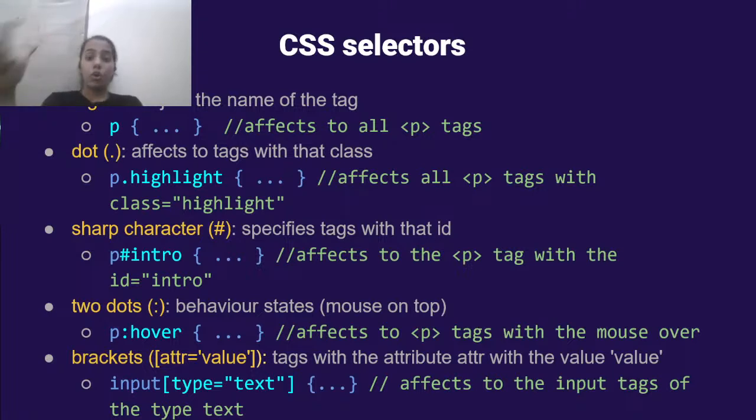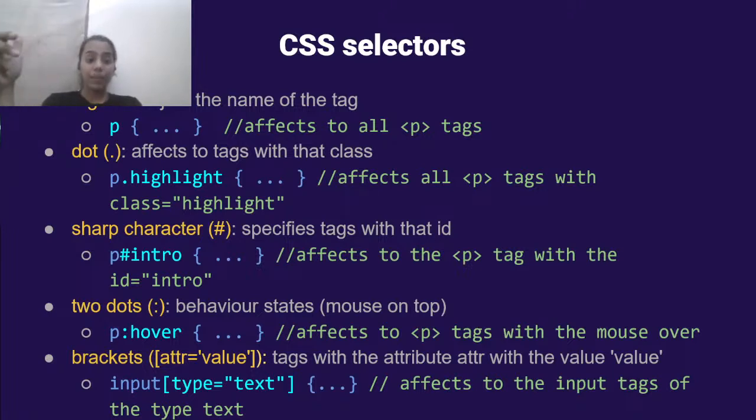It will affect all the P tags with that specific class name. Then the pound character or the sharp character specifies the tags with ID. So we talked about classes and now we are talking about ID. So p hash intro would specify only those p tags which have the ID of intro.